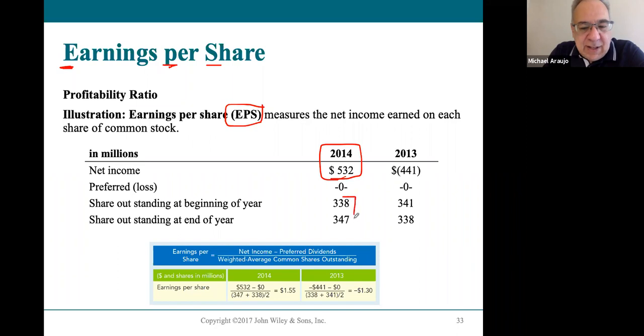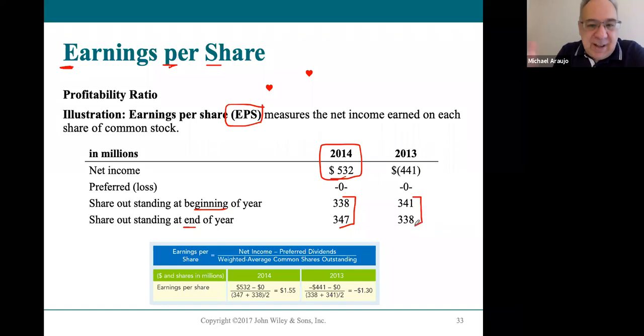Now the company has to average out the outstanding shares they have, because through the course of the year, companies either issue more shares of stock to raise money, or they actually buy back some of their shares.